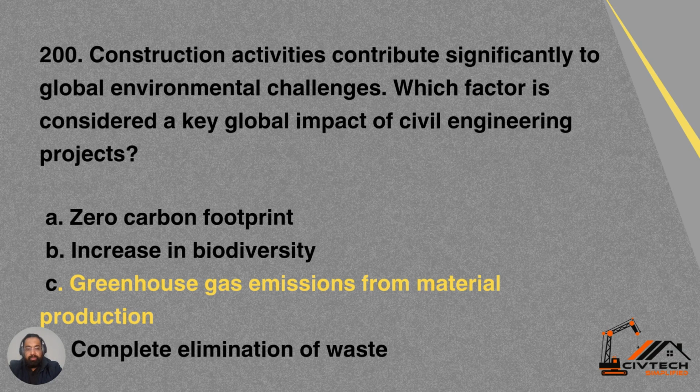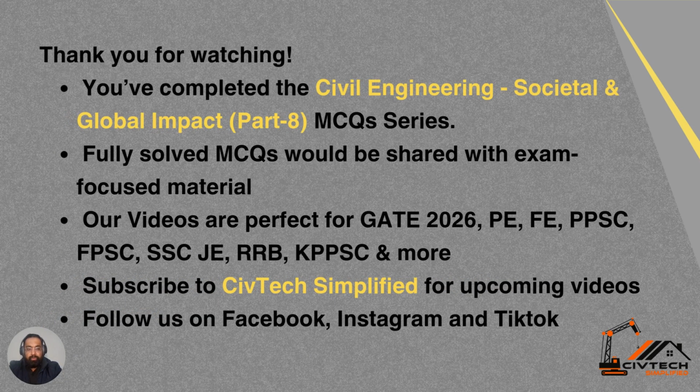Option A, zero carbon footprint. Option B, increases in biodiversity. Option C, greenhouse gas emission from material production. And option D, complete elimination of waste. So the factor considered as a key global impact of civil engineering projects is C, greenhouse gas emission from the material produced. So C is the correct option.